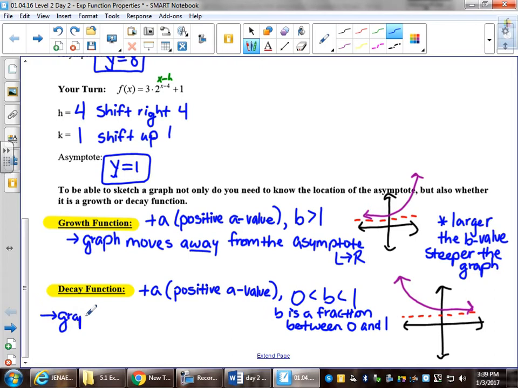Graph moves toward, put an S, towards the asymptote. Left to right. So here it's away. With decay, it's towards.